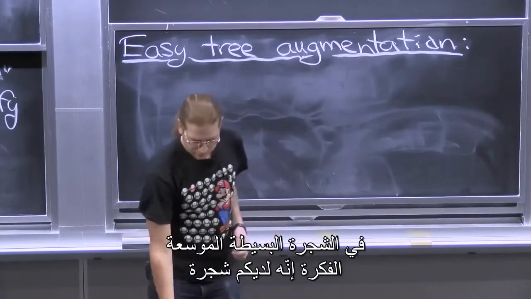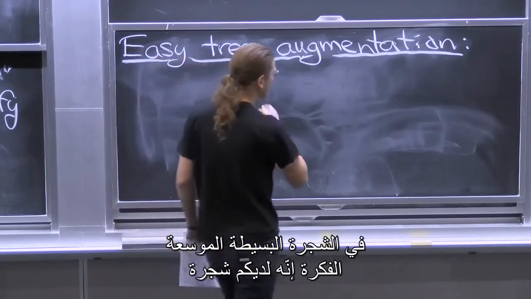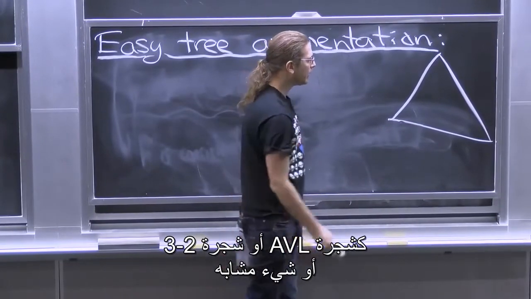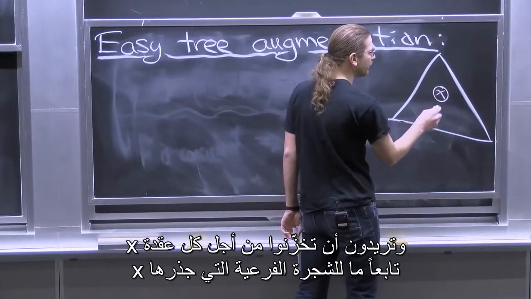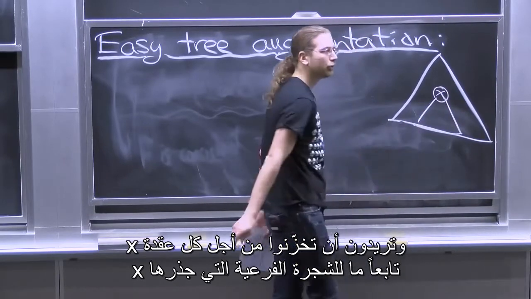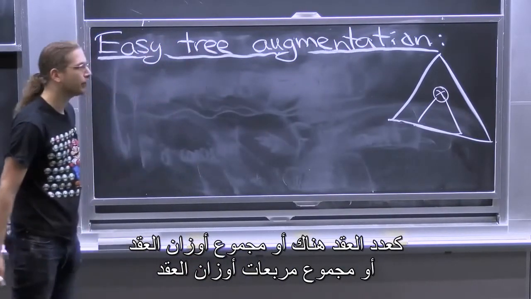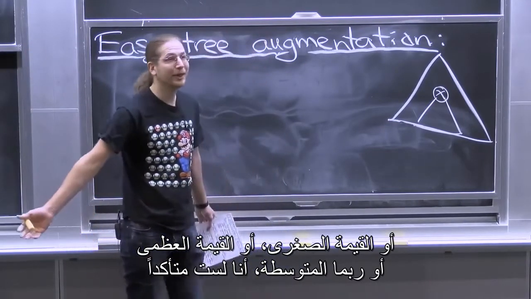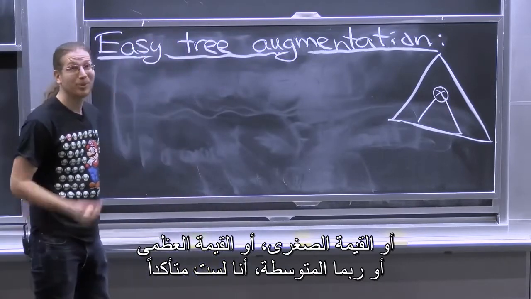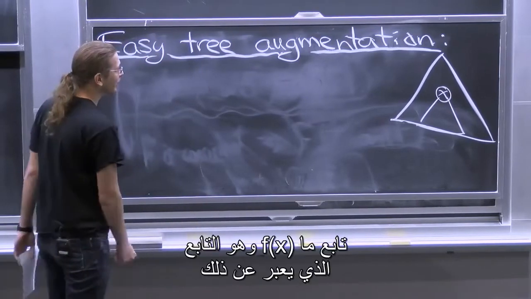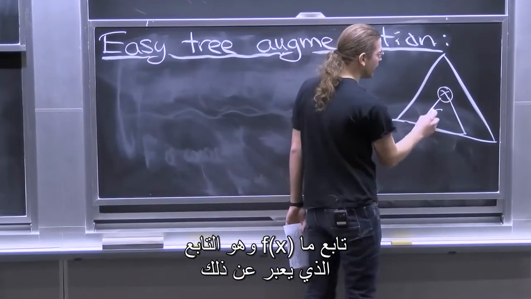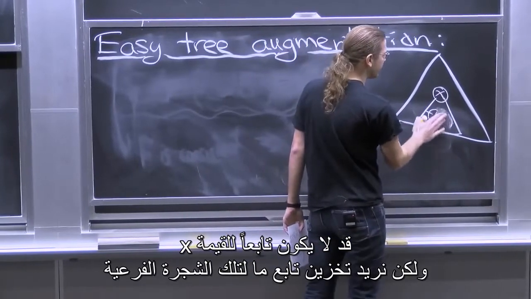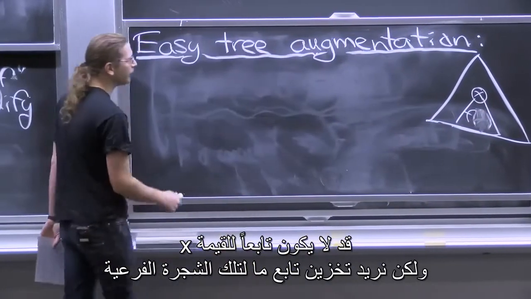So with easy tree augmentation, the idea is you have a tree, like an AVL tree or a 2-3 tree or something like that, and you'd like to store for every node x some function of the subtree rooted at x, such as the number of nodes in there, or the sum of the weights of the nodes, or the sum of the squares of the weights, or the min, or the max, or the median, maybe, I'm not sure.